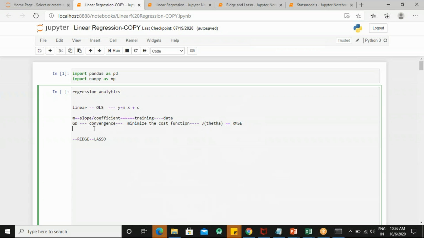Okay, but now ये तो हमने बात कर ली OLS की, but the question is why I need then ridge or lasso. So let's understand that.